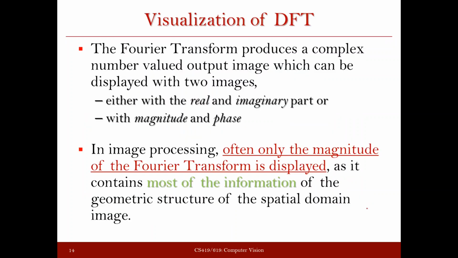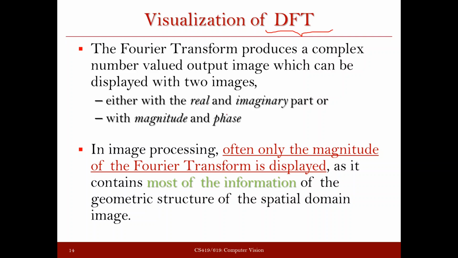Okay. Now the question comes, how do we visualize the DFT? A little bit of this we discussed in the last class also. Whenever we want to visualize the Fourier transform, since it is a complex quantity, you can't plot all the real and imaginary parts simultaneously and analyze them.